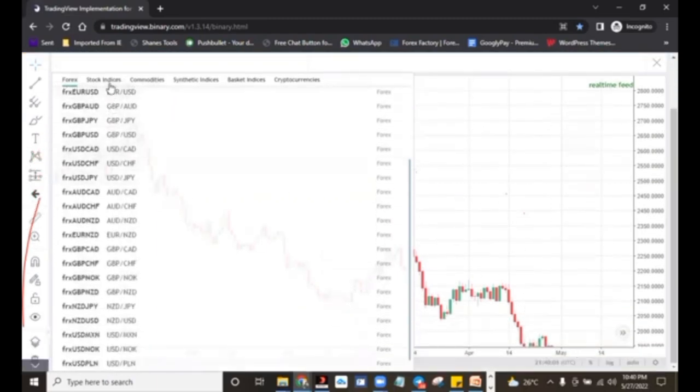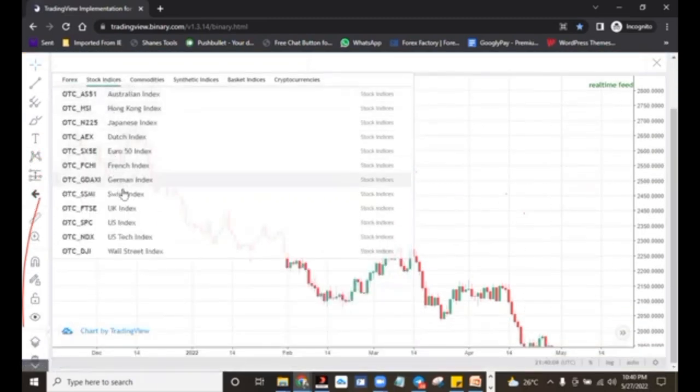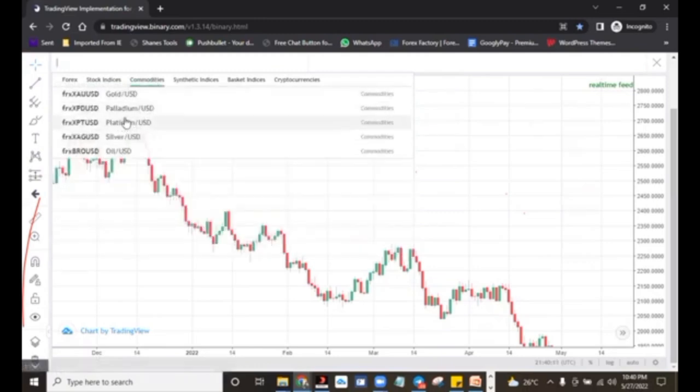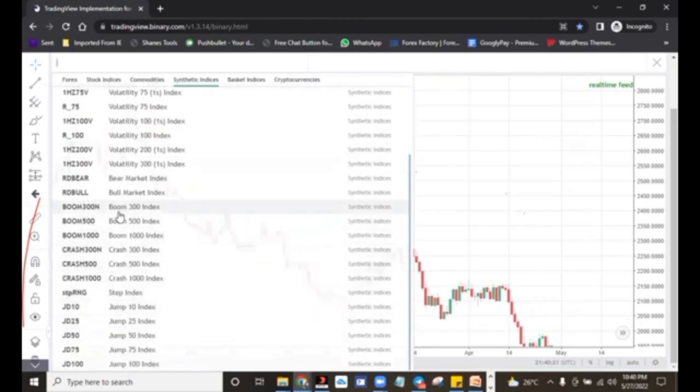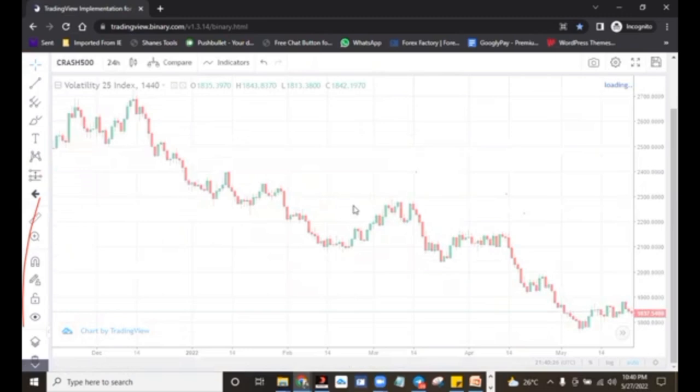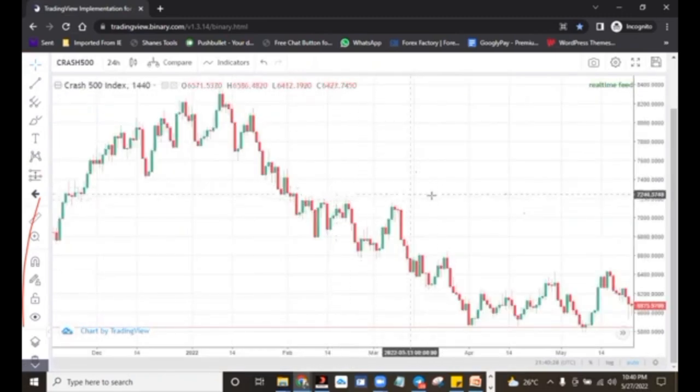If you are trading stocks, we have all these on the stocks. If you are trading commodities, we have all these ones. There are quite a lot of them. For the synthetics, what we're trading is the boom and the crash, which we have here. So I'll just take us straight to, let's say, let me use Crash 500 as an example.